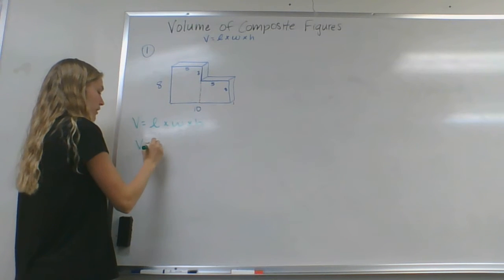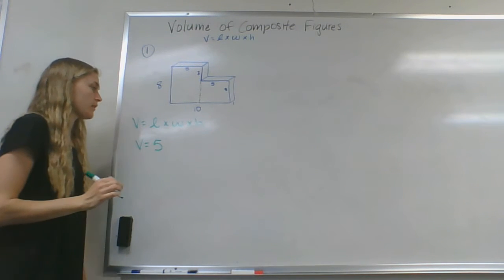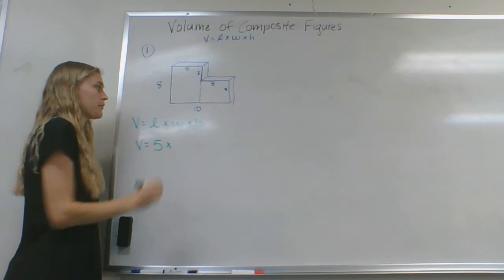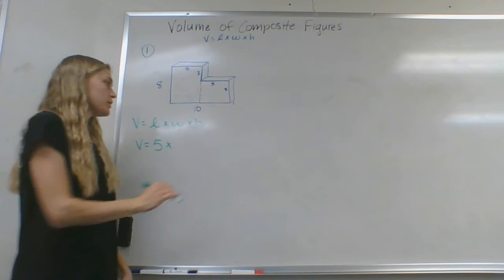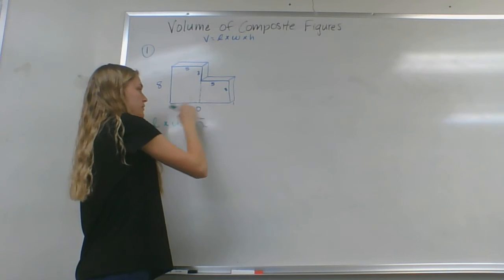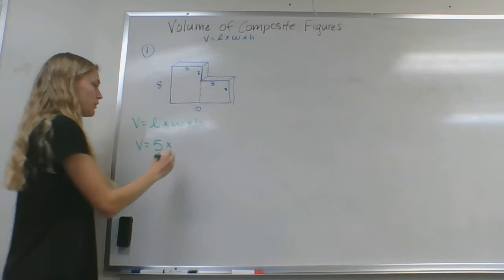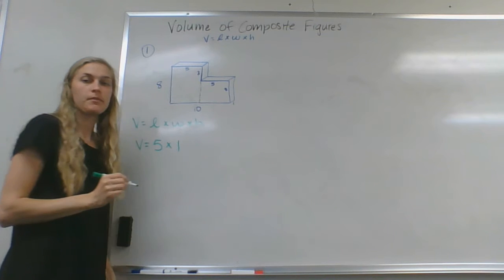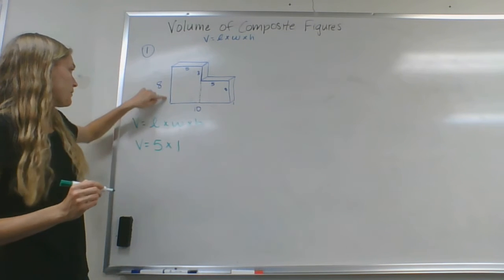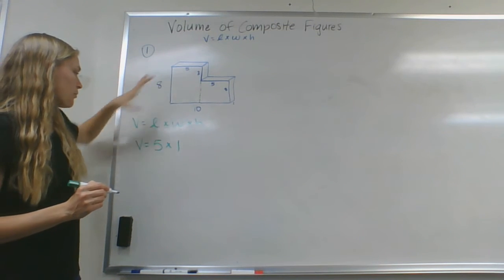So we're going to replace our L with 5. Now we're looking for the width. Width, how far back it goes. It goes back 1. I know that's way over here, but the whole thing goes back 1. So the width is 1. And then the height, we see right here, is 8 of our tall piece.